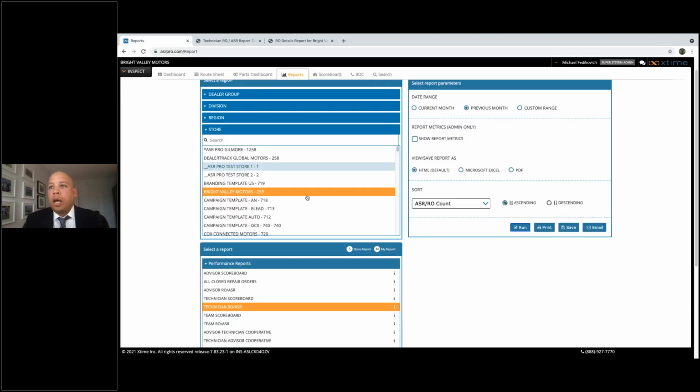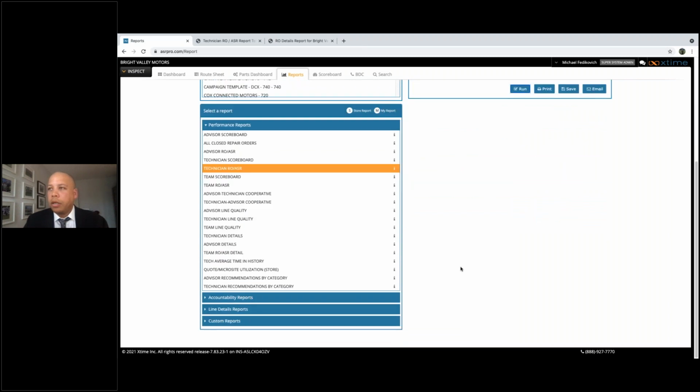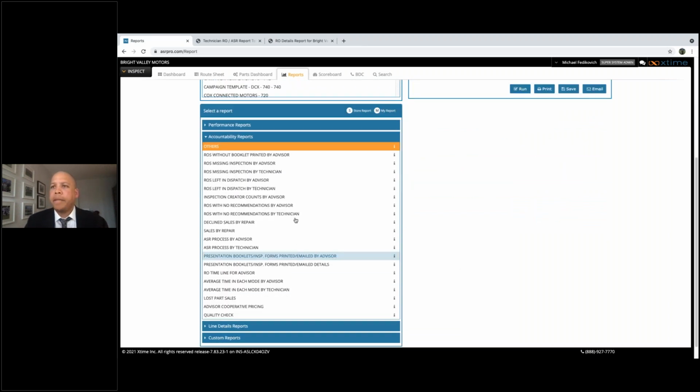Another one, I won't go through too many, but there's a lot of different options here. ROs missing inspections, ROs with no recommendations, ROs with no recommendations by advisor, technician.